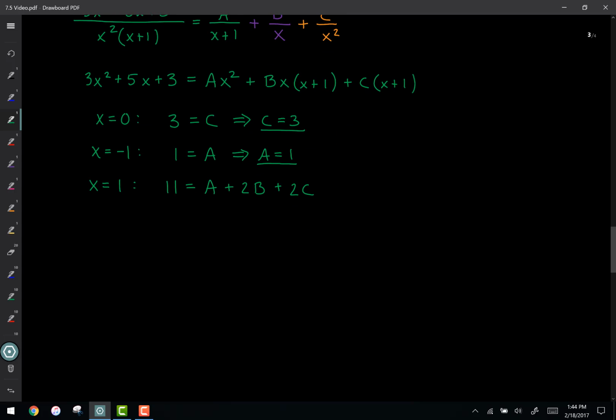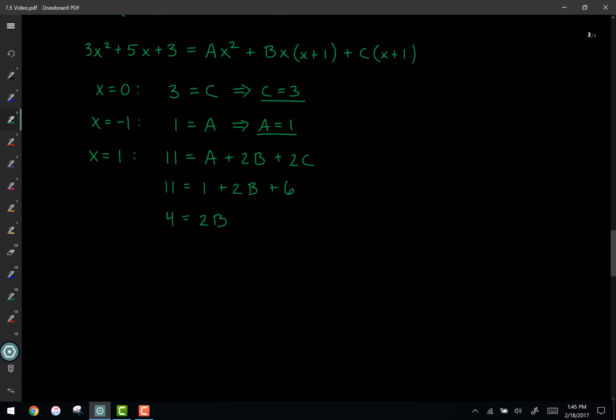But we also know that c is 3 and a is 1, so let's plug those in. So 1 plus 2b plus 2 times c, so 2 times 3 is 6. Now solve for b. Subtract 1, that gives us a 10 on the left. Subtract 6, that gives us a 4 on the left, equals 2b. And last step, b equals 2.